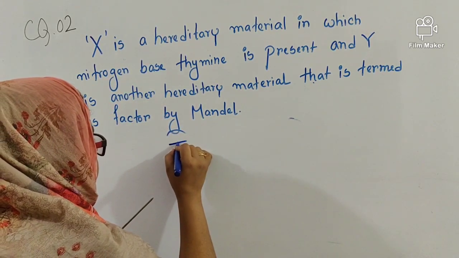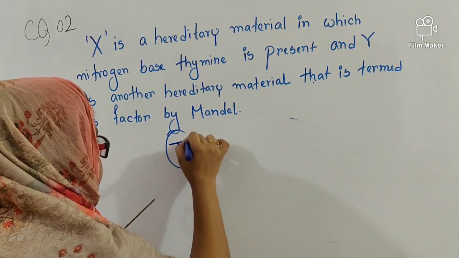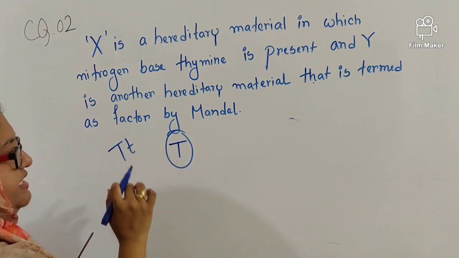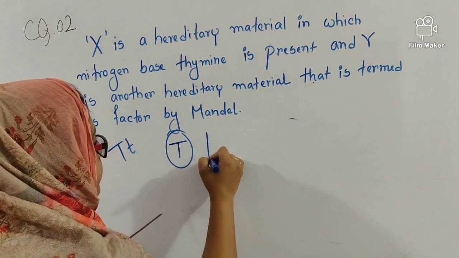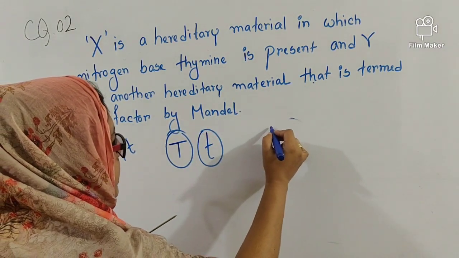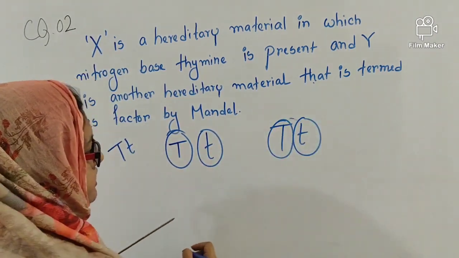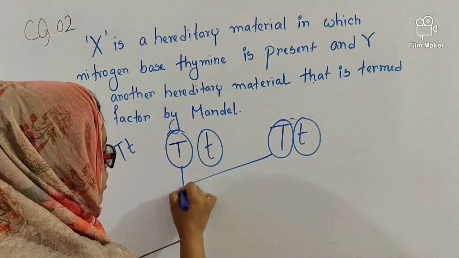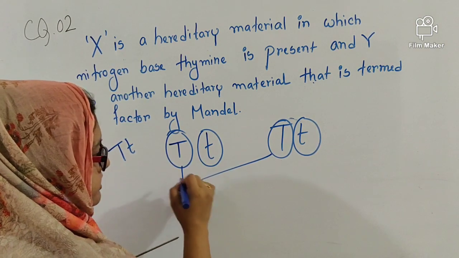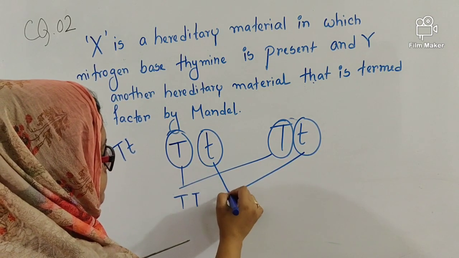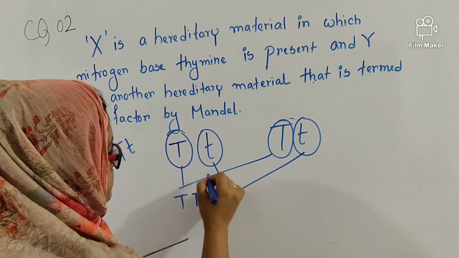So now we can write the characteristics of the F1 generation. All of them contain capital T and small t. So now we can write capital T small t, capital T small t. When they form gametes, they fuse: capital T with capital T, and capital T with small t.